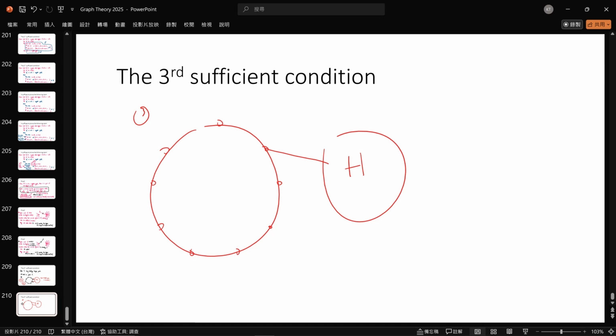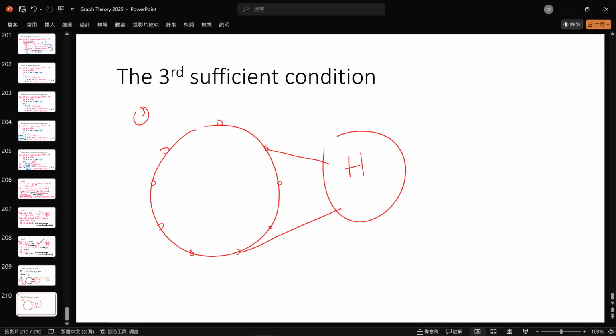So we will not consider this idea. We're going to consider the case where these two vertices are not consecutive on the cycle, yet they are adjacent to H.